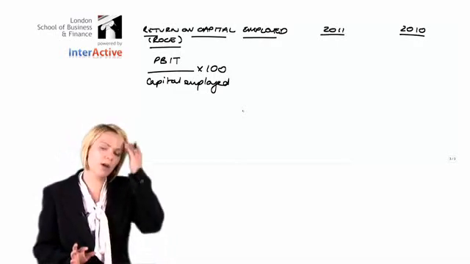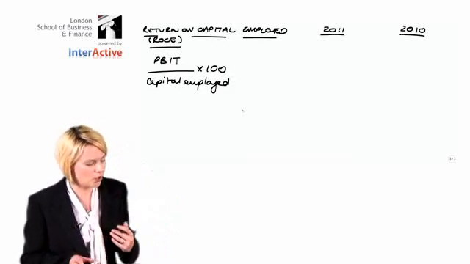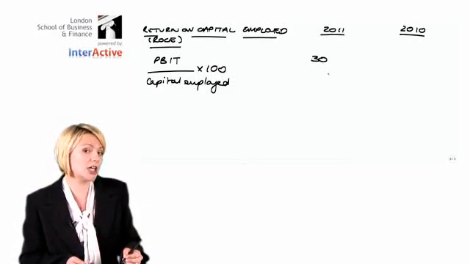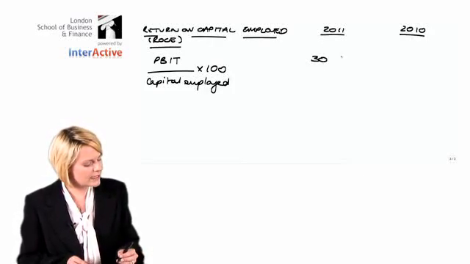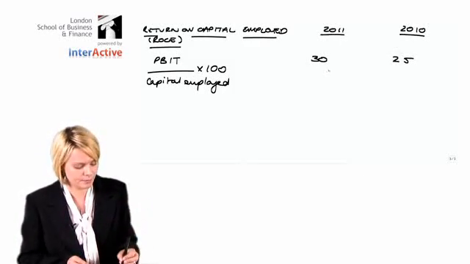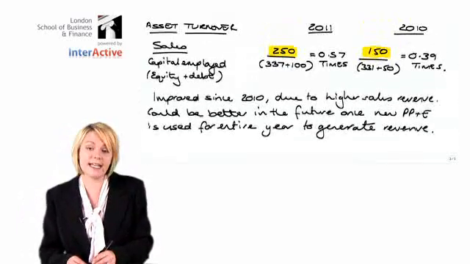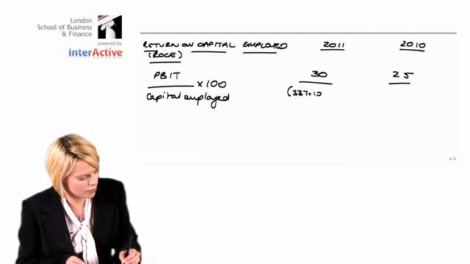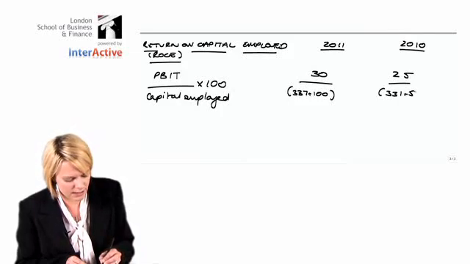So, we already know the operating profit for 2 years because we used it in the operating profit margin. Operating profit for 2011 was 30, and in 2010 was 25. We pulled that off the SOCI. Over capital employed, well, we calculated that back in asset turnover: 337 plus 100, and 331 plus 50.